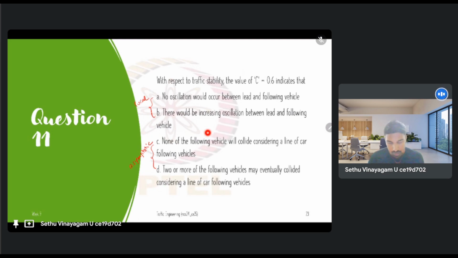Okay, and so for local stability, we have three groups or three ranges of values. If C is less than, I think it is 0.37.